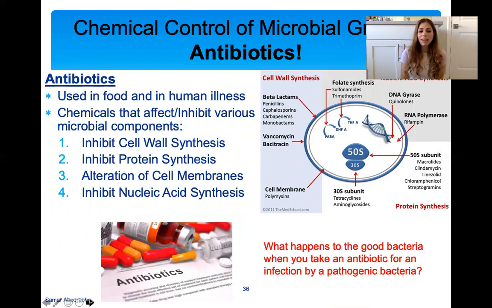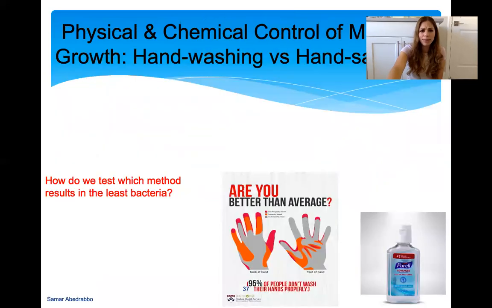Antibiotics can affect many different things, but depending on the antibiotic, they typically will affect the cell wall synthesis of bacteria, they'll affect protein synthesis, they'll alter the cell membrane, and they can affect RNA and DNA, which are nucleic acids. So when you take an antibiotic, you're not only affecting the bad bacteria that's causing an infection, but you're also affecting the good bacteria. And they can also affect metabolism.